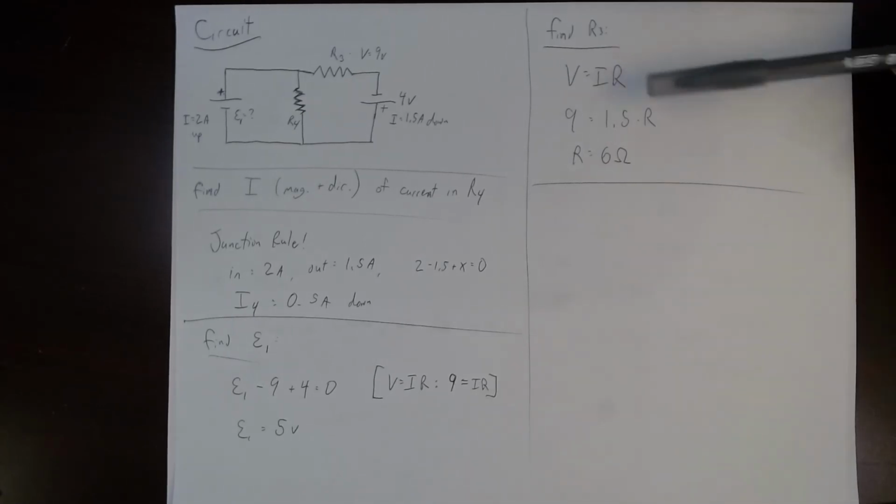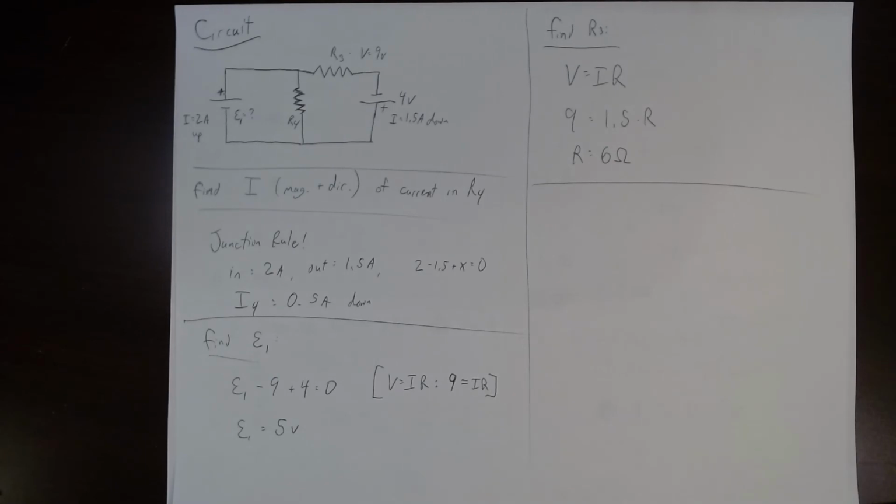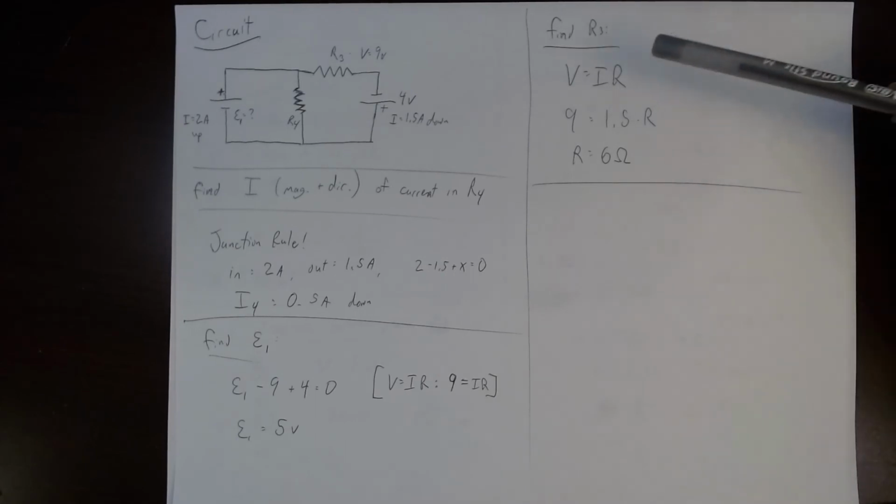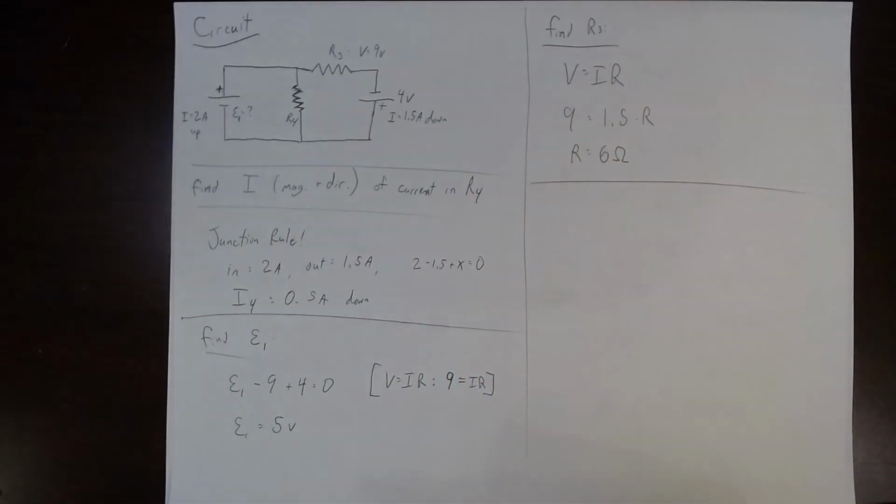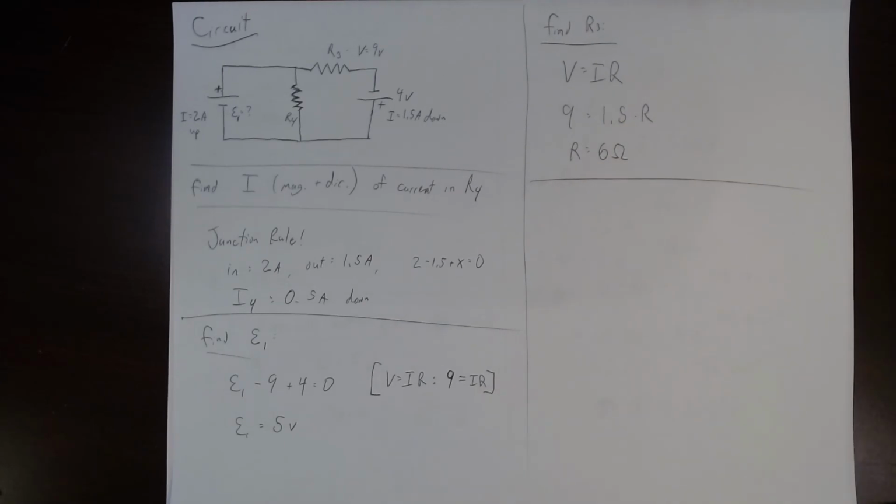When you can use V is equal to IR, the answer is almost always if it's a resistor. If it's a resistor, you can use V is equal to IR. If it's a battery or a capacitor, you can't really. But you can use junction rules, you can use loop rules, you can use V is equal to IR.